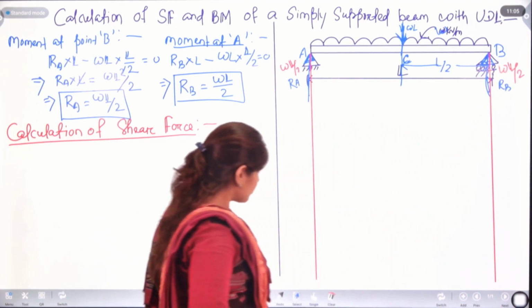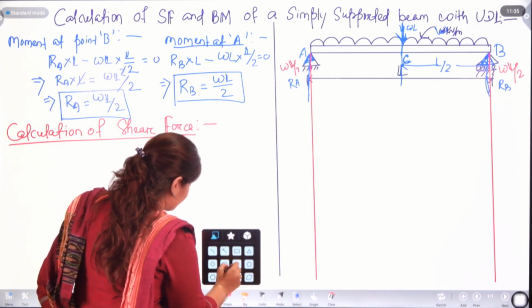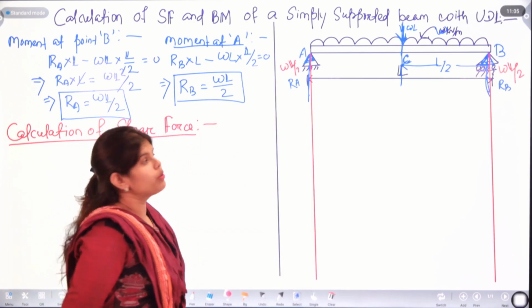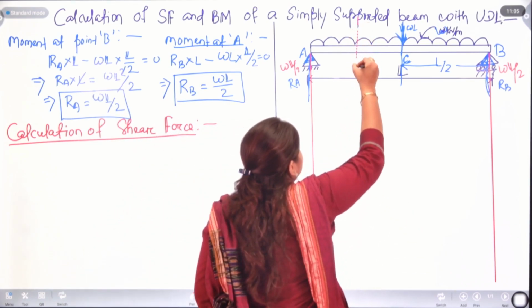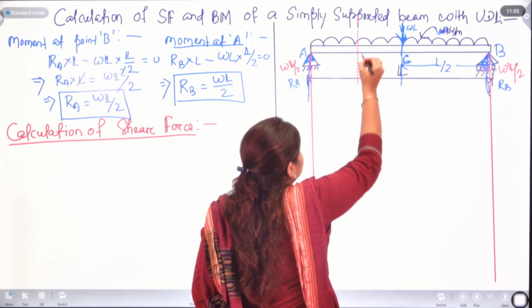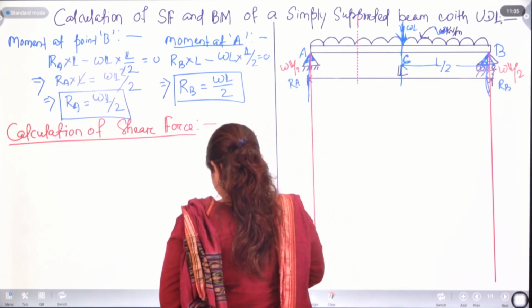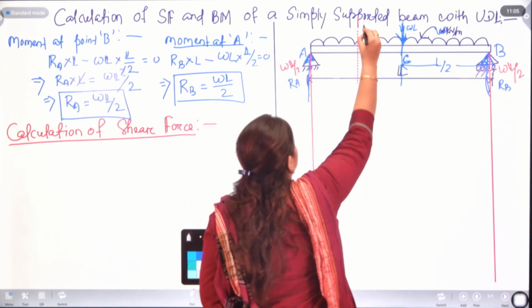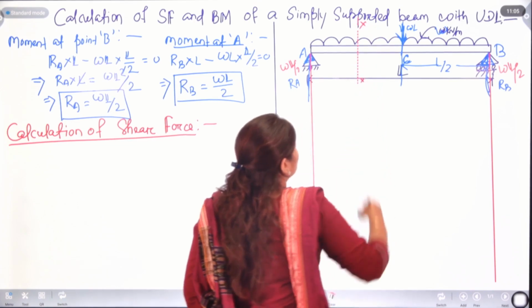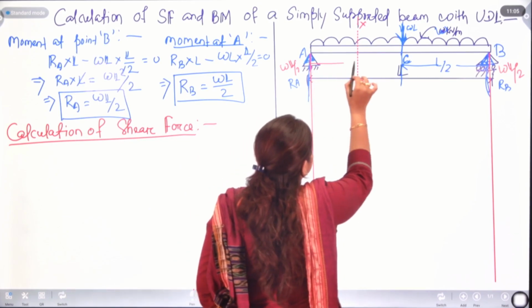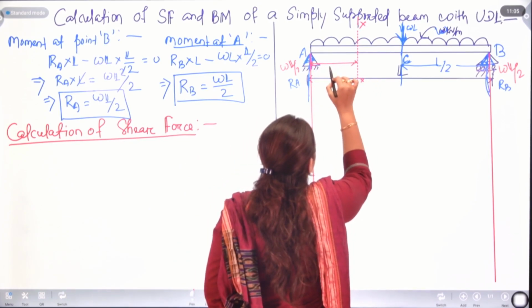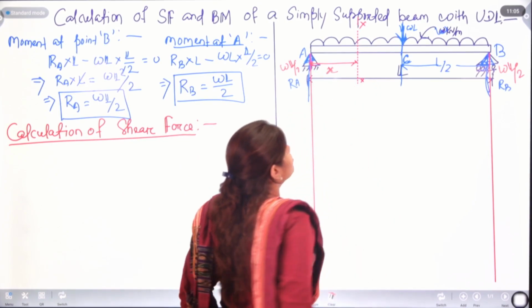Whenever we are calculating shear force and bending moment, we need to draw one section. Let's cut the section from here and it will be XX. This distance is your X.